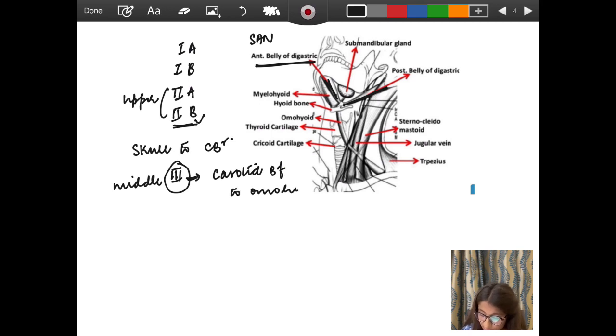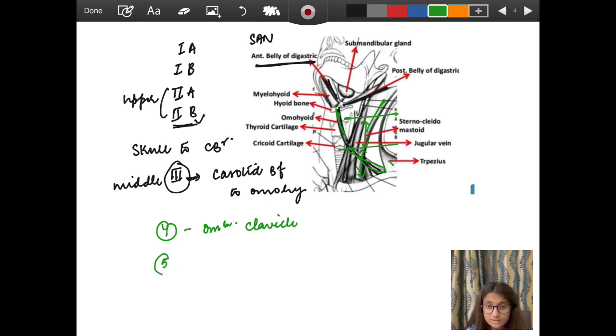This is the superior belly of omohyoid muscle, and this is the inferior belly of omohyoid muscle, and this is the sternocleidomastoid muscle, and this is the trapezius. Here is the second group of lymph nodes, third, that is middle, and this is lower, level 4, which is from the omohyoid muscle to the clavicle.